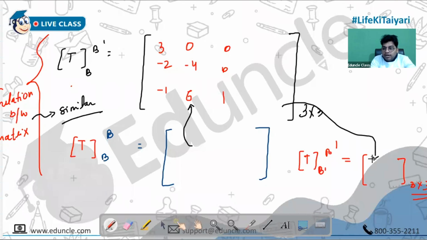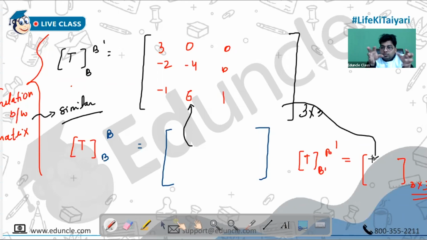But we don't know which basis you are taking. You can take any basis, it is not written that you will take only the standard basis. A matrix has the same eigenvalues. Basically this concept is designed by the similar matrix.